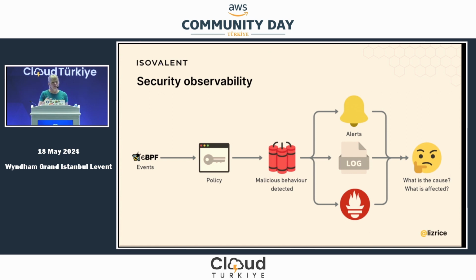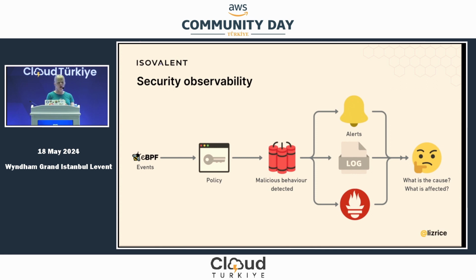So we use the term security observability to talk about observing these events and filtering out the ones that are interesting from a security perspective. And they're interesting if they don't match a policy or if they're outside a policy. So we might have a policy that says we want to know if certain sensitive files are accessed.